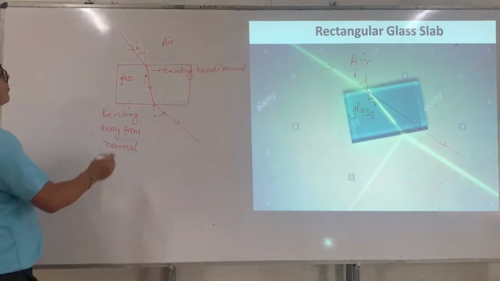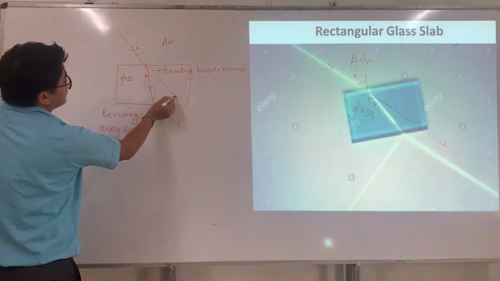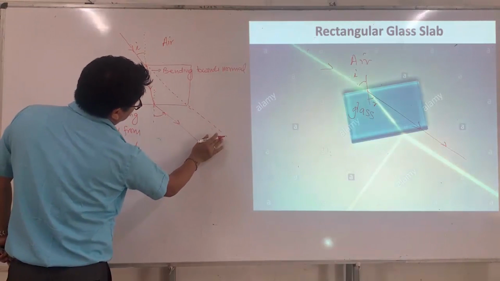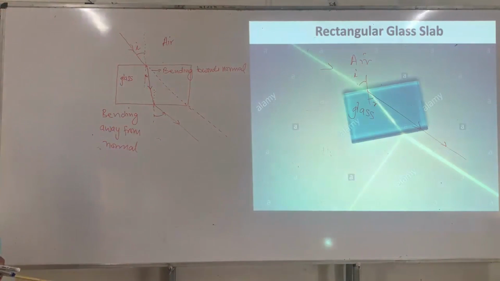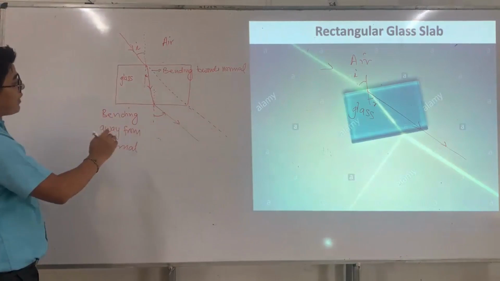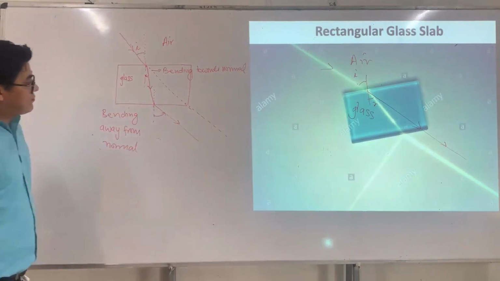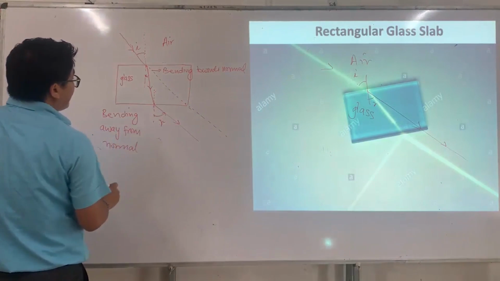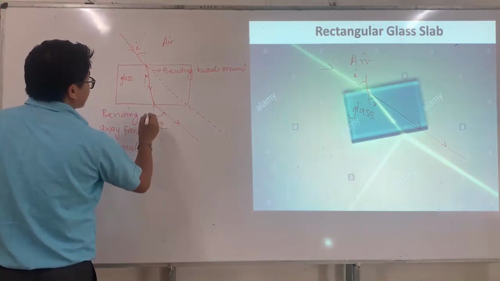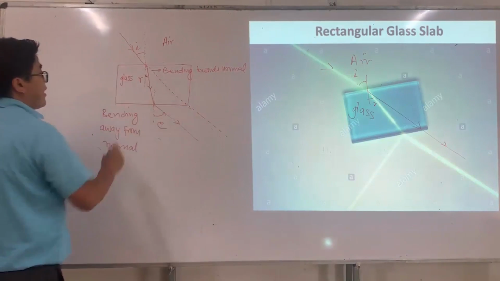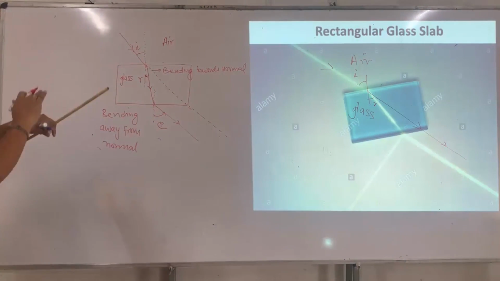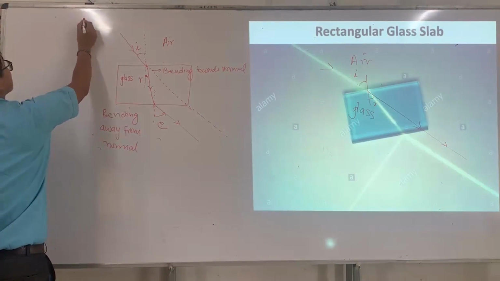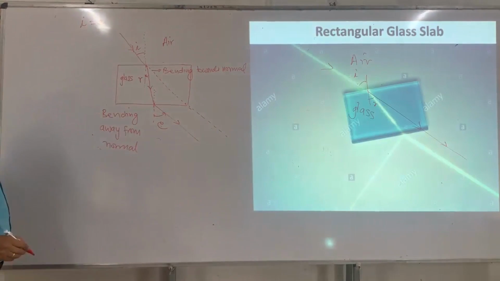Alright, so I just extend this incident ray. If I let the incident ray go without refraction, this is the path. Now you see here, in case of a rectangular glass slab, the angle of incidence is always equal to the angle of emergence.